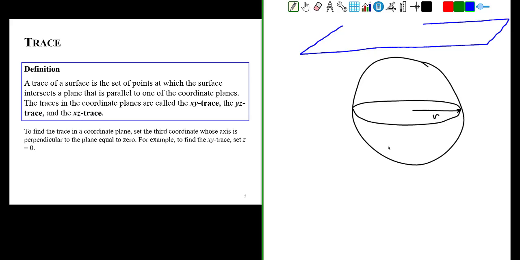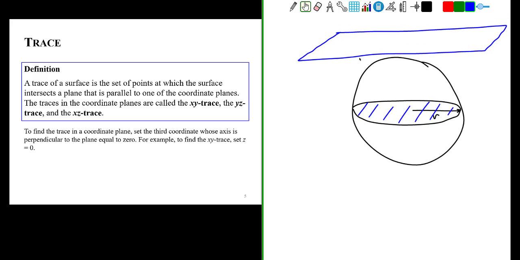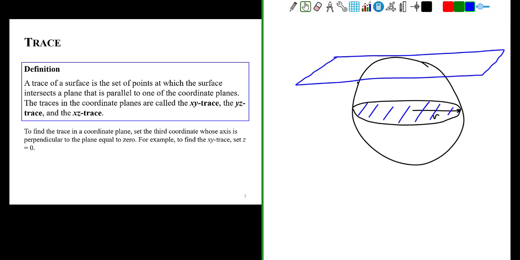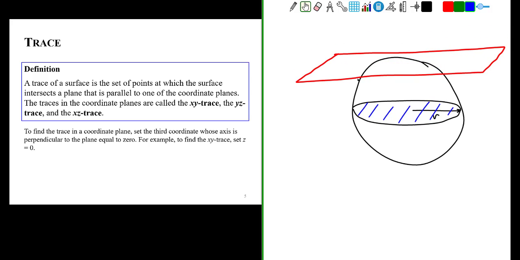This plane is infinitely thin, and imagine that this infinitely thin two-dimensional plane is moved such that it slices part of the sphere. So we'll move this down such that it slices this part of the sphere right here.